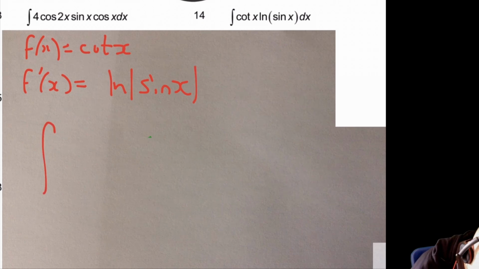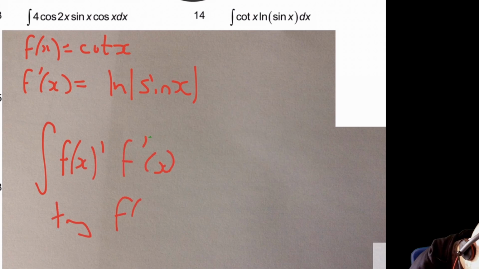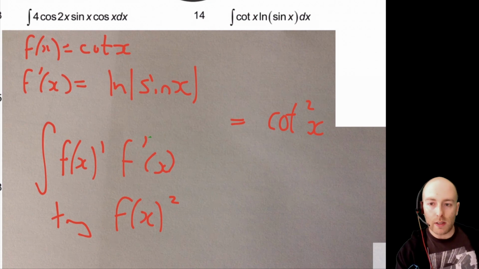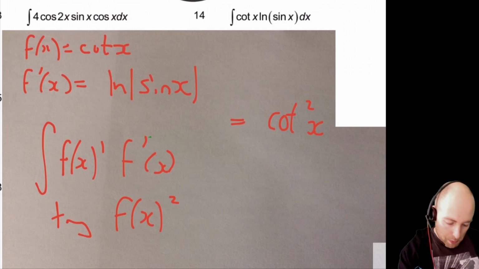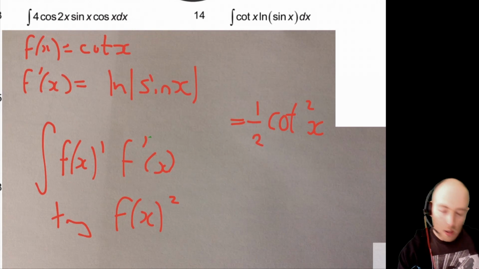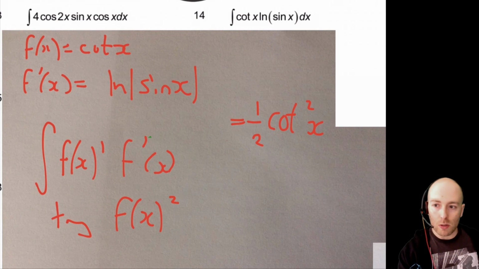So we've actually got here f of x to the power 1 times f dash x. So we need to try f(x) squared. So we're going to try cot squared x. If we differentiate that, we'd get a 2 out the front, so we need to divide by 2. Then that's it. So again, it's a recognition one, realizing we need to try cot squared.